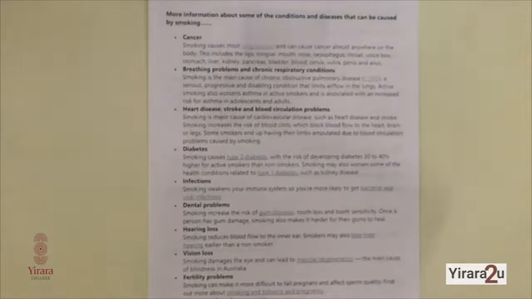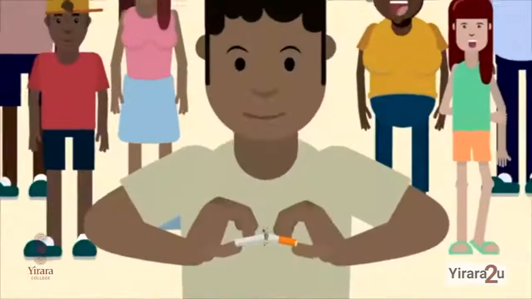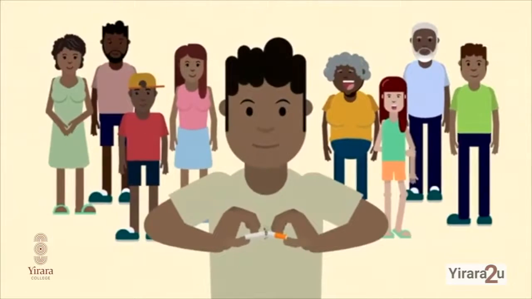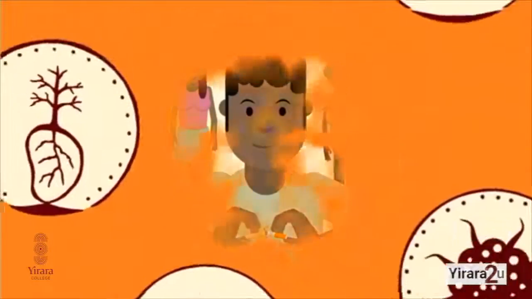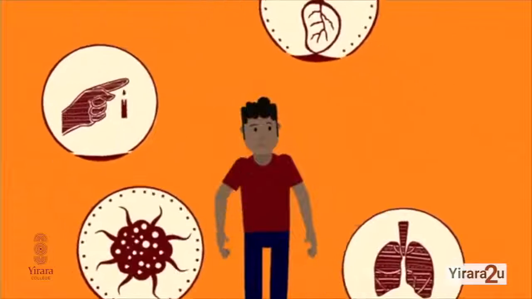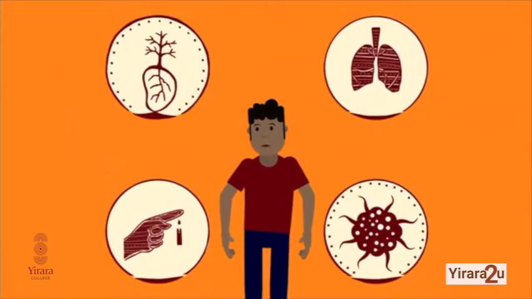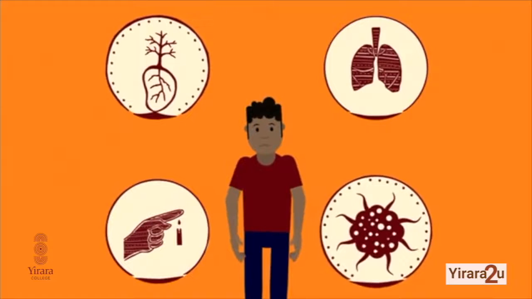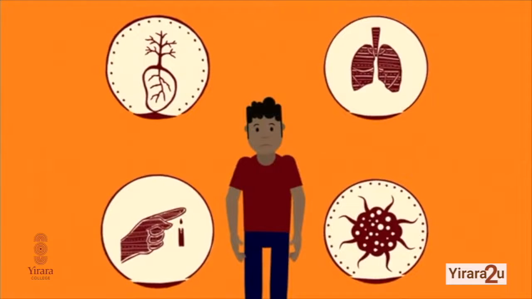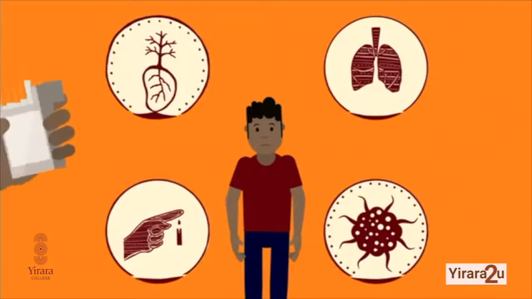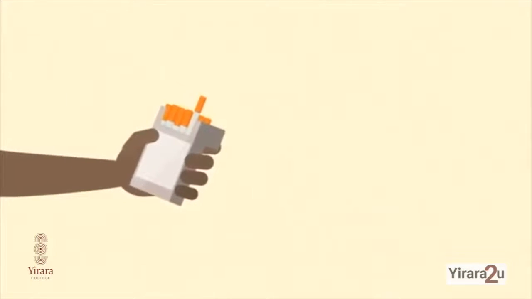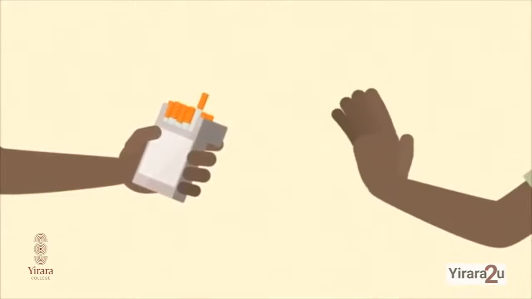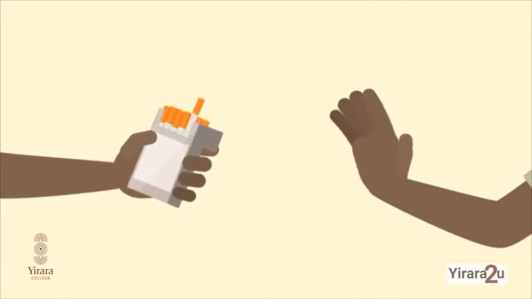Tackling smoking can dramatically improve the health and well-being of Aboriginal and Torres Strait Islander peoples. We know that smoking can harm almost every organ and system in the body. It significantly contributes to heart diseases, cancers, lung disease, and type 2 diabetes. So quitting smoking, or making sure people don't start in the first place, can lead to big health improvements.